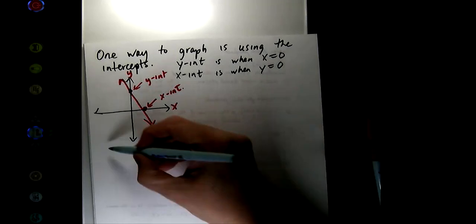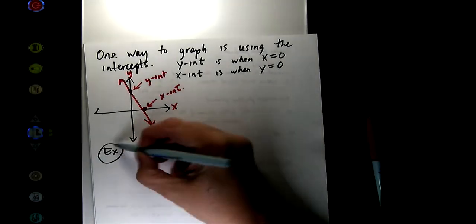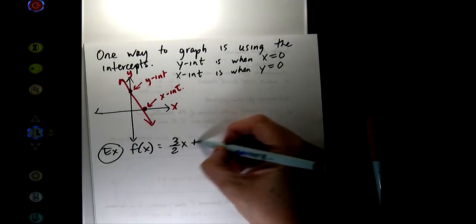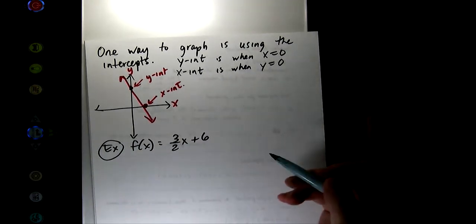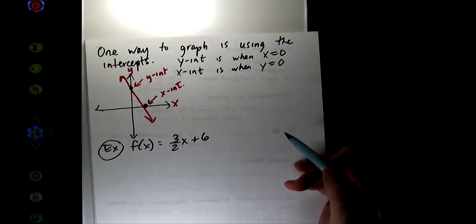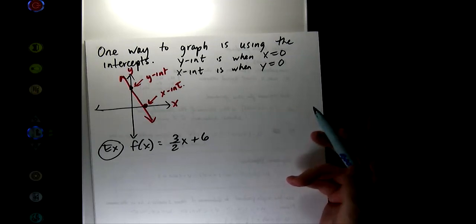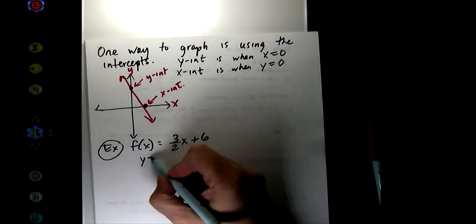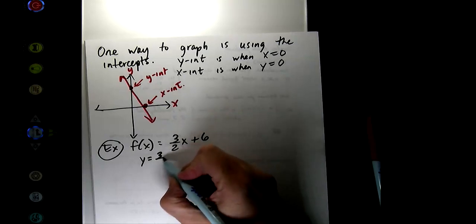Let's do f of x equals 3/2 x plus 6. This is a lot easier to do the intercepts if you relabel it as y.